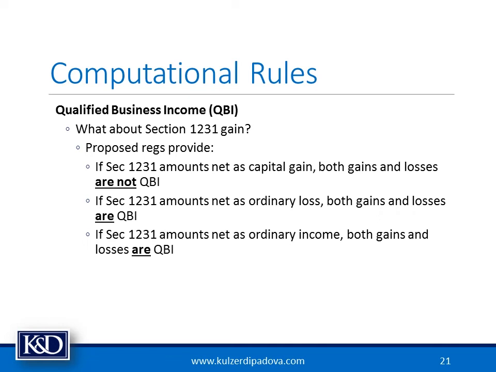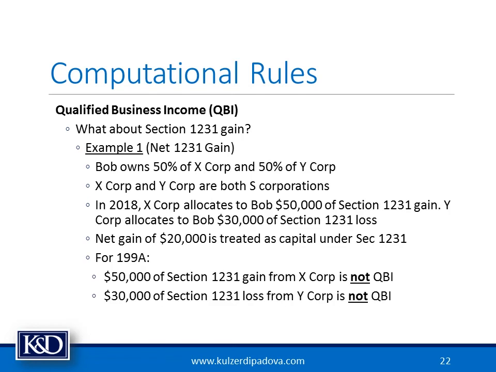If the 1231 amounts net out as an ordinary loss, then both the gains and the losses are QBI. And if the 1231 amounts net out as ordinary income, then both gains and losses are QBI, right? Because ordinary income constitutes QBI. So I do have examples to clarify this.